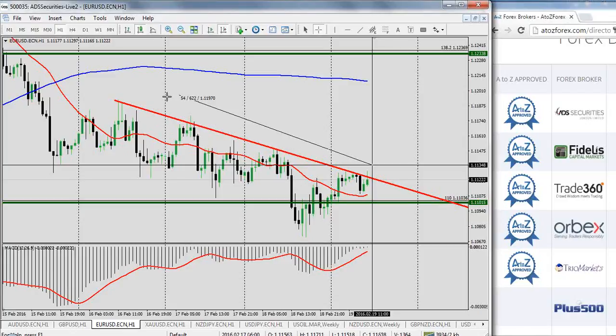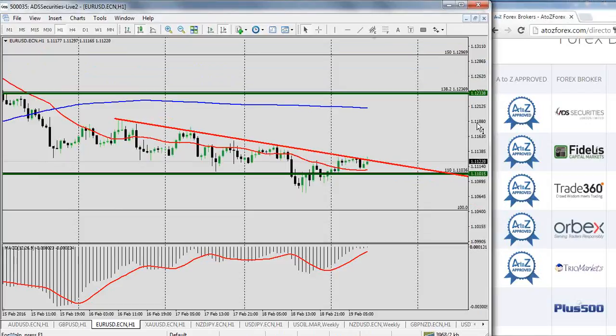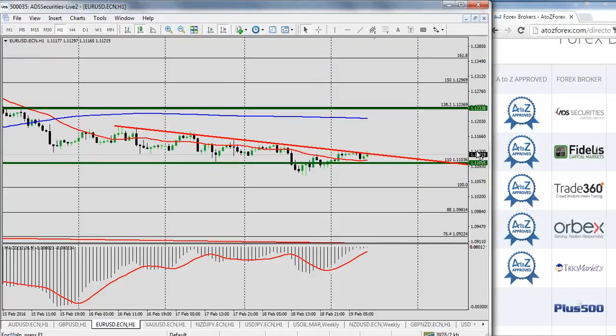Then you can also aim for the 1.12 level, which is the 200-hour moving average. And finally, as a main final exit, we should be aiming for 1.1357. However, you need to make sure that the 1.1237 level is broken above, as it is our side range development level that we have had so far for the last couple of weeks.